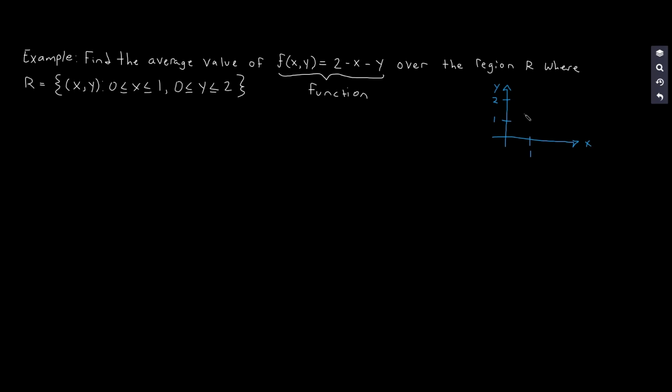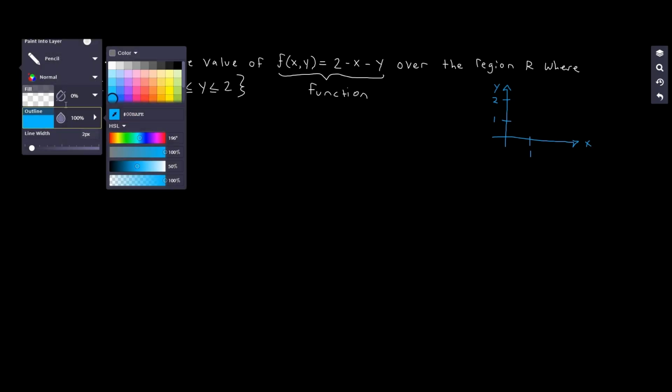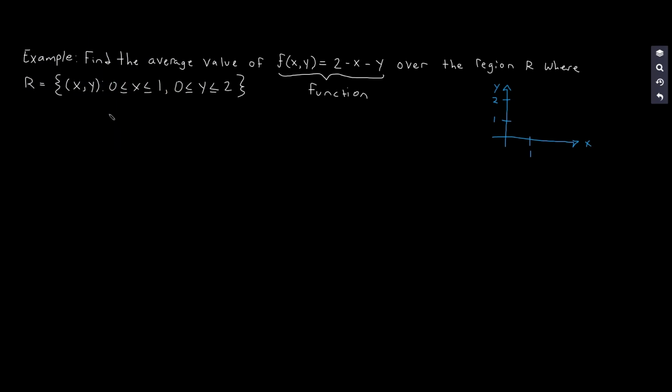If x goes from 0 to 1, that's from here to here, and if y goes from 0 to 2, that's from here to here. So I know that the region in question is right here, and this is my region. This is the description of the surface above it, the z-value, so to speak, the ceiling.